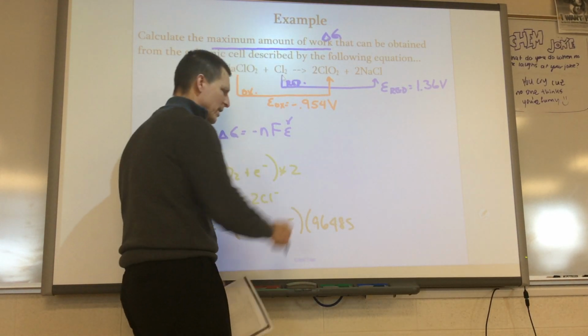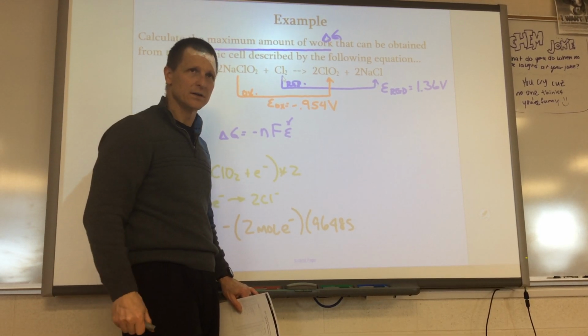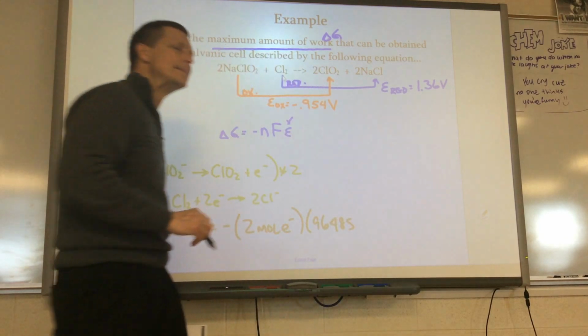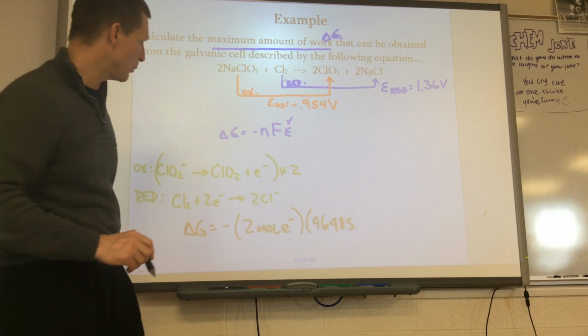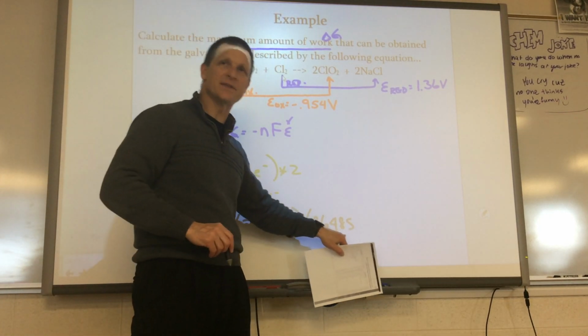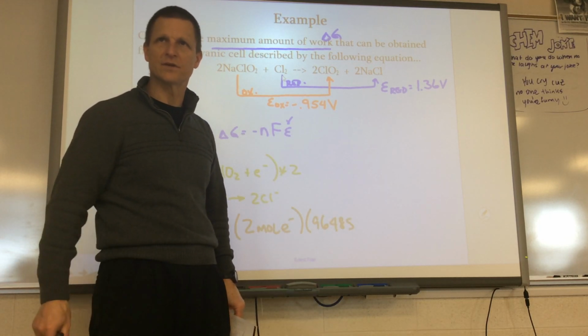By the way, if you want to just memorize that as 96,500, that's fine. 96,500, if you can remember that. Isn't that totally different sig figs, though? Nope. The 2 is exact. This is 5 sig figs, but then our cell potential is going to wind up being 2 every time. So just round to 2 sig figs.